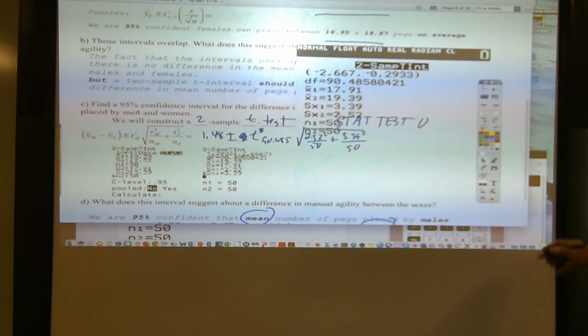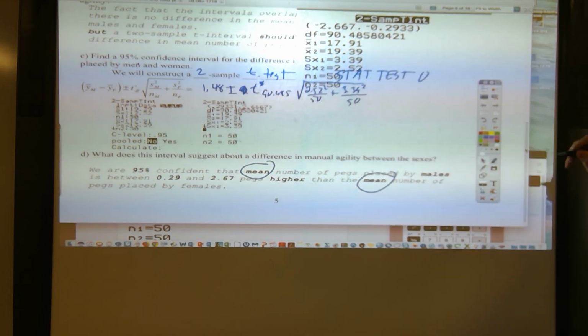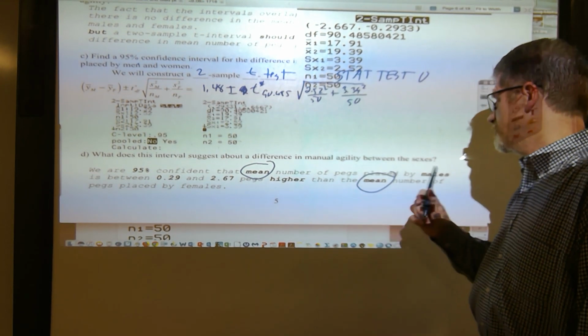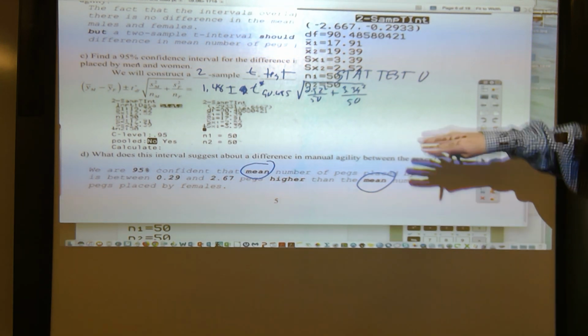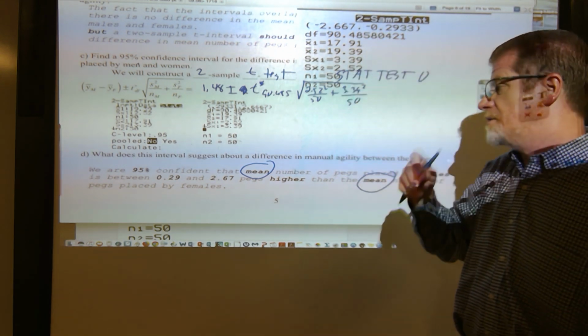So anyway, what does this interval suggest about a difference in mean agility? Well, we're 95% confident that the mean number of pegs placed by males is between 0.29 and 2.67 pegs higher than the mean number of pegs placed by females. Since we did ladies first, the wording would be a little bit different.